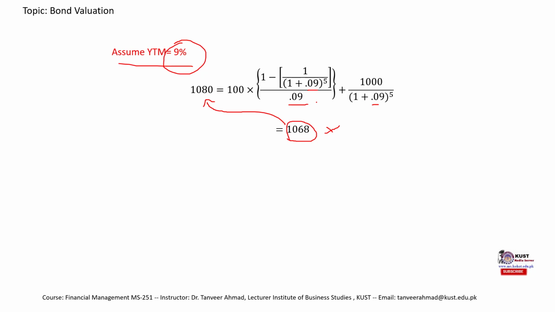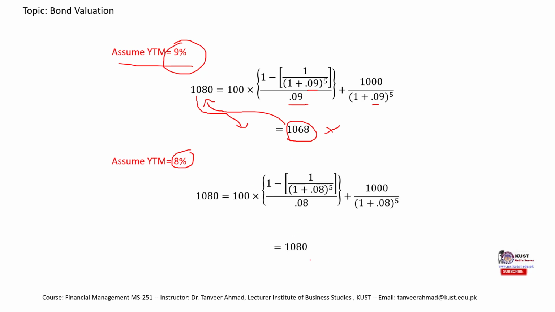We do not know. We would keep on trying till we get the answer of 1080, till the left hand side is equal to the right hand side. I haven't written anything on this left hand side, but we know that it's 1080. So let's try 8%, and I did the calculations and it turned out to be 1080.